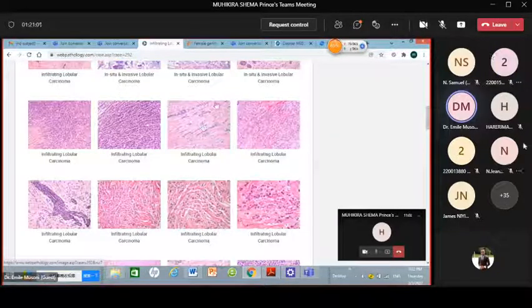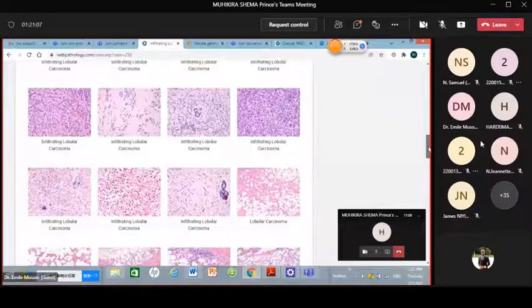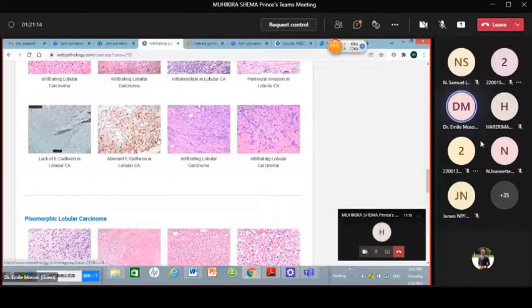This is the characteristic of lobular carcinoma. To differentiate lobular carcinoma from ductal carcinoma, we use an antibody called E-cadherin. This one will be negative in lobular carcinoma.